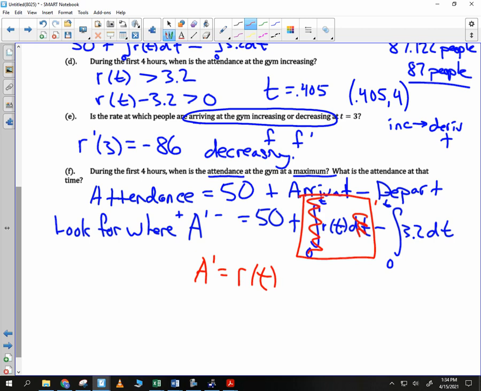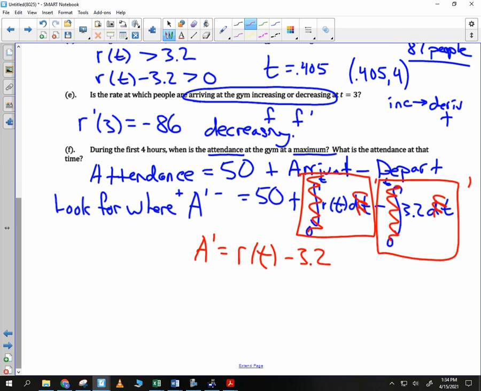And if I take the derivative of this, what goes away? Everything except for 3.2. So that is the derivative.